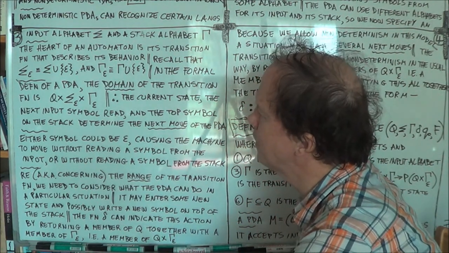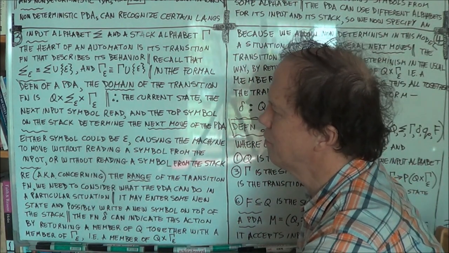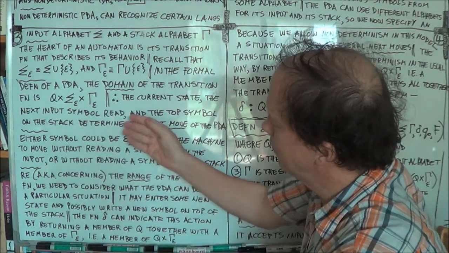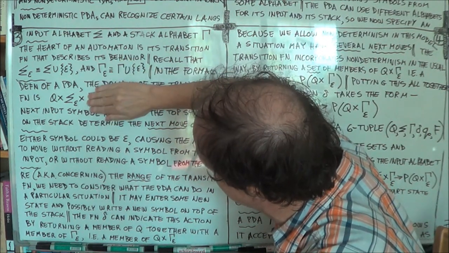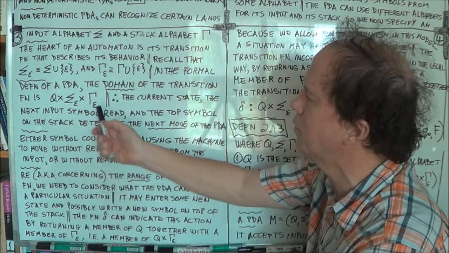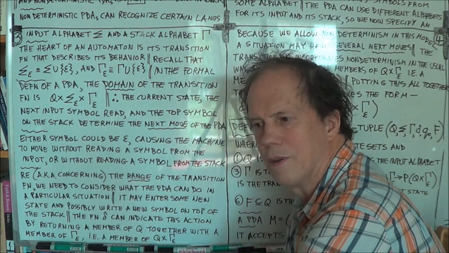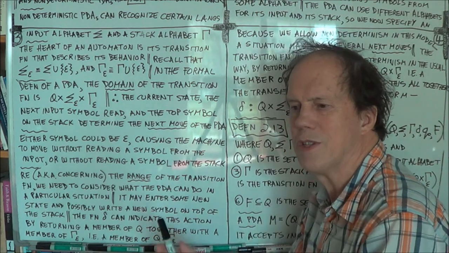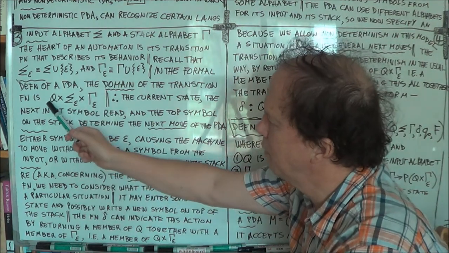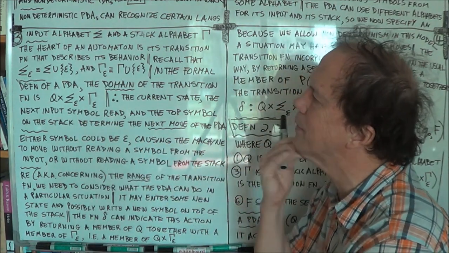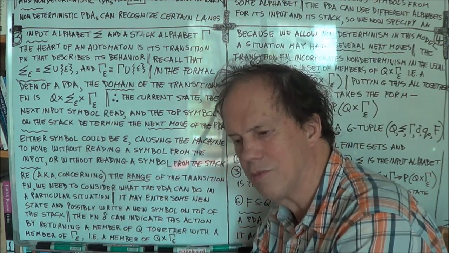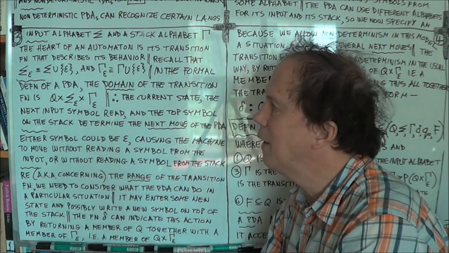So what is the domain for the transition function for a PDA? Now before we didn't have the gamma, right? We just had a Cartesian product of two sets. Now we've got this third parameter in the transition function, which is concerned with a stack. So now we'll have a Cartesian product of three sets.